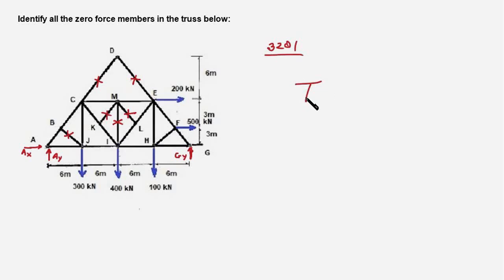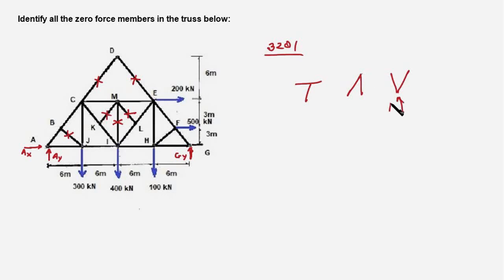And for rule number 2 and 3, I would look for V, inverted V or like this, no external force on this joint. So that would conform to rule number 2. And if there is an external force on these two joints, and if it is aligned with any of these members, then it will qualify for rule number 3.